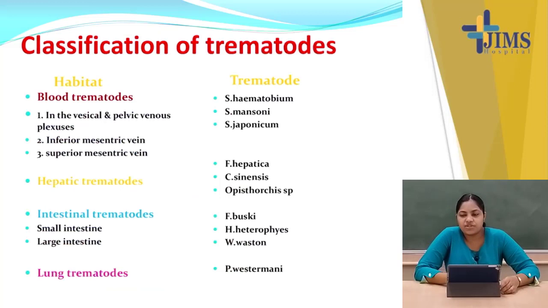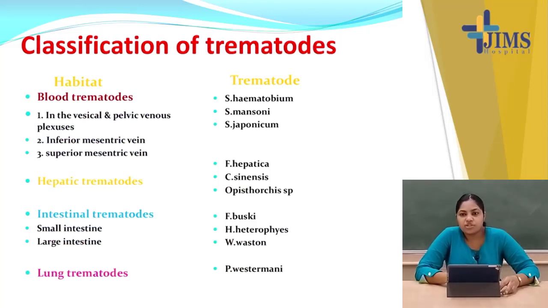Coming to the classification of trematodes, there are different types based on the organs where the trematodes infect. Blood trematodes are mainly caused by Schistosoma haematobium, Schistosoma mansoni and Schistosoma japonicum; all the schistosomes come under blood trematodes. Fasciola hepatica, Opisthorchis and Clonorchis sinensis are all hepatic trematodes, which cause liver infections.